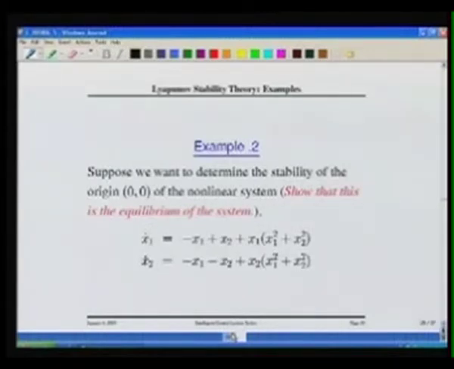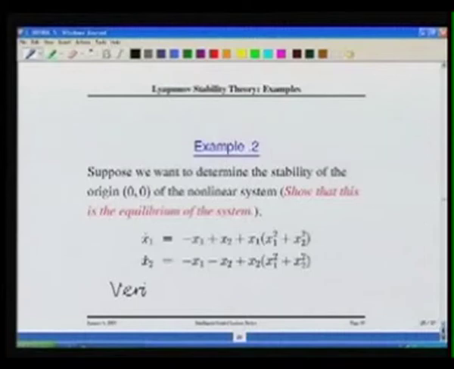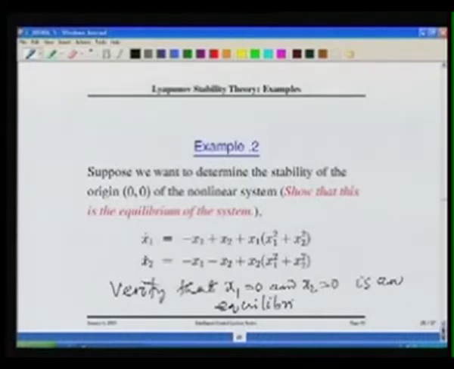That is simple, because in some cases the indirect method is silent about the concept of stability, but the direct method gives that. Now, we take another example where x 1 dot is this, x 2 dot is this. This is an exercise for you: verify that x 1 equal to 0 and x 2 equal to 0 is an equilibrium point.